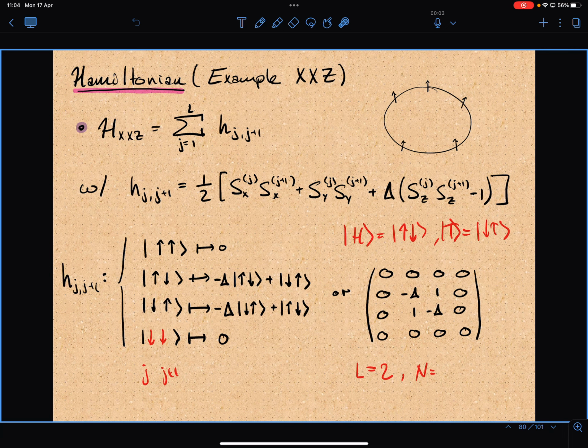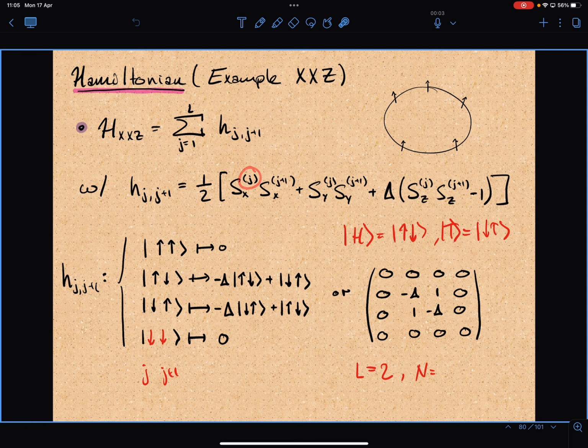The specific system that I introduced in the previous lecture was the XXZ model. It's also called the Heisenberg-Ising spin 1/2 chain. This model is on a ring, and it's made up of local interactions of neighboring particles. The specific interactions you can write explicitly using the spin operators that we introduced in the previous lecture.